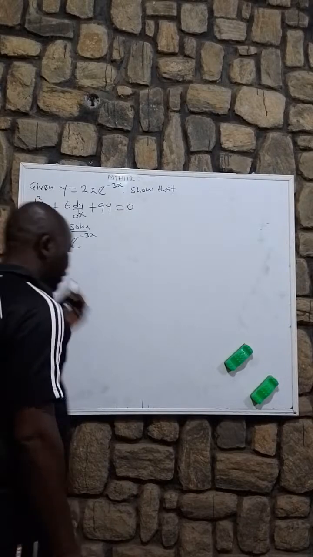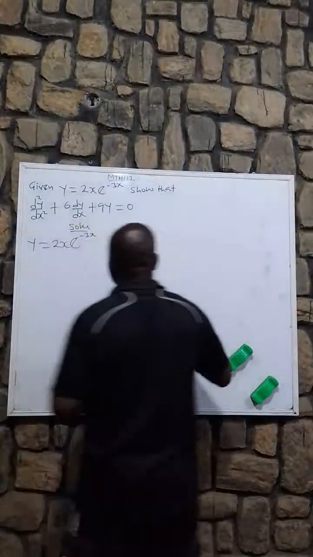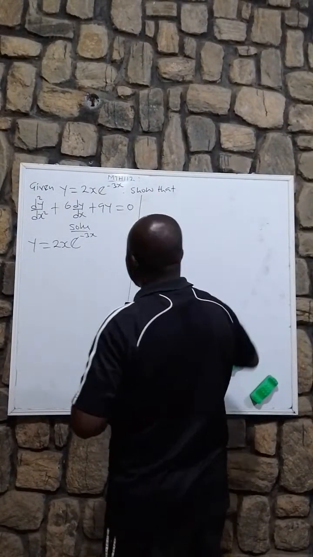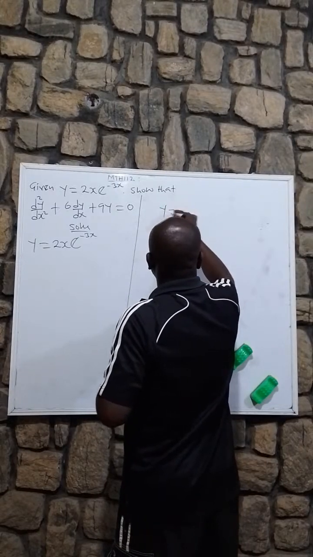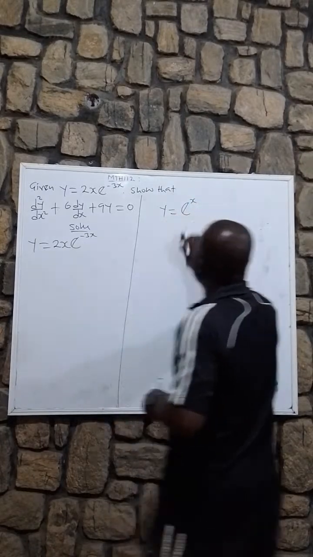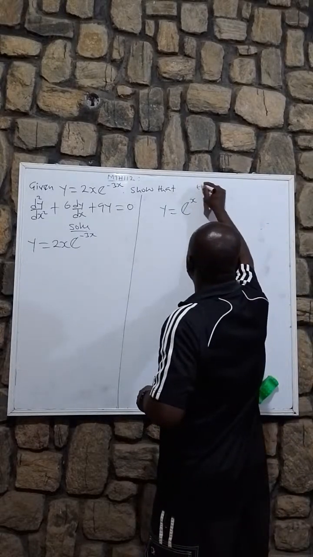I know very well that I have not taught you how to differentiate exponential functions, but let me just do one or two examples here, then we proceed. We call these exponential functions.